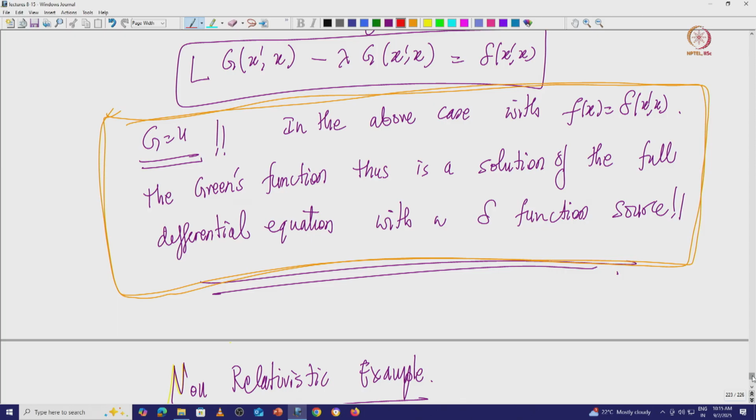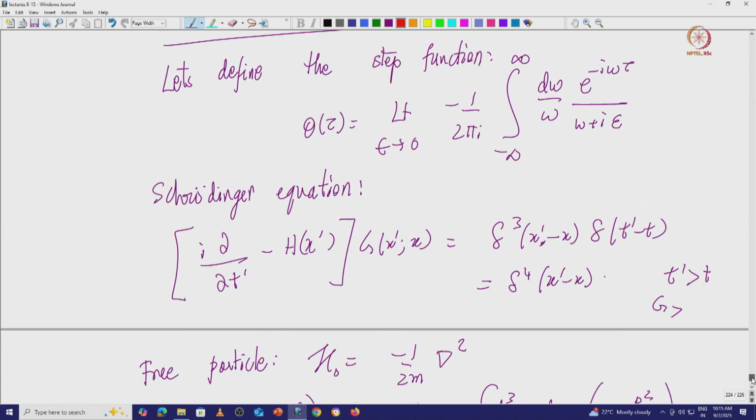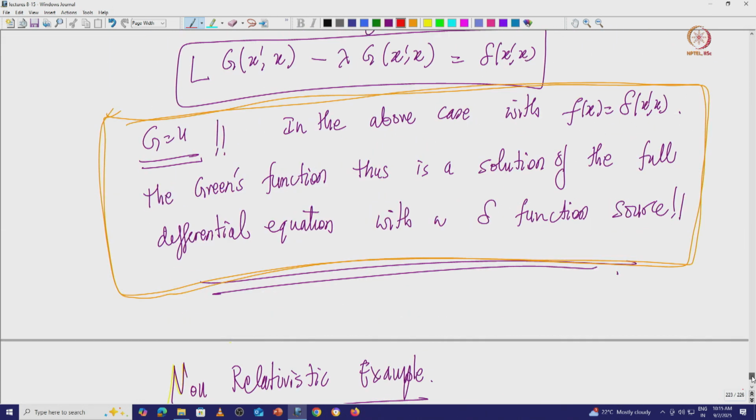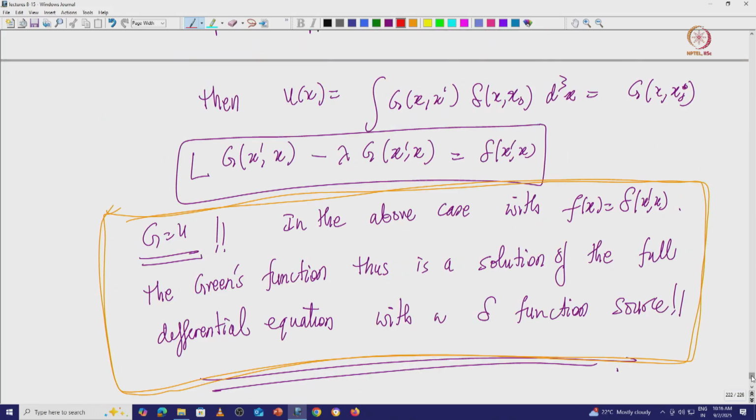You can remove the other source terms, just put the source to be a delta function, and the Green's function is the solution of this equation. This is a very general statement, independent of the equation of motion we are considering.